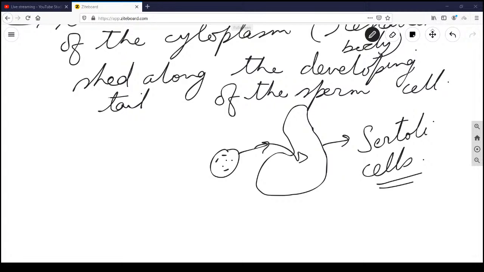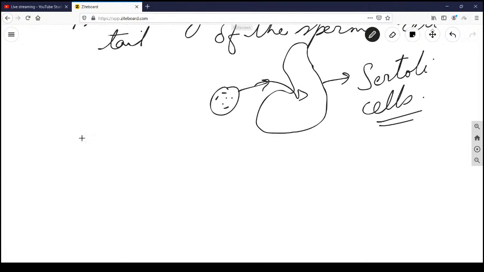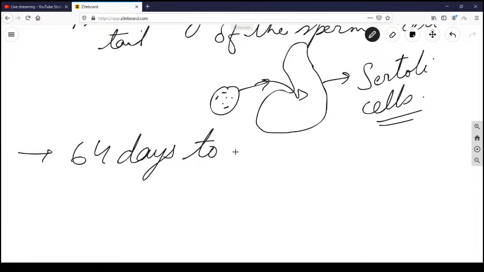Okay. Now, on completion of spermiogenesis, which takes approximately 64 days after the spermatogenesis process, it takes almost 64 days to complete spermiogenesis.